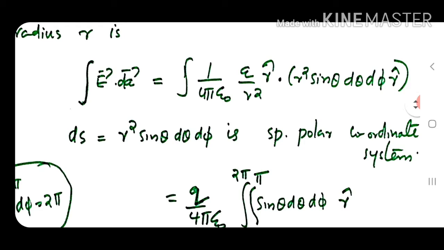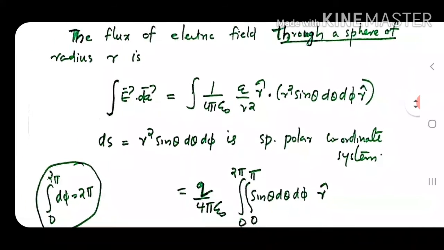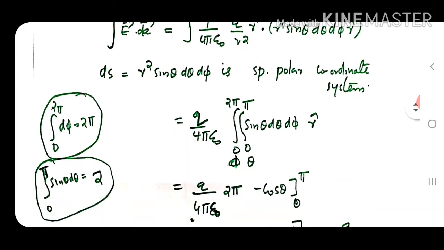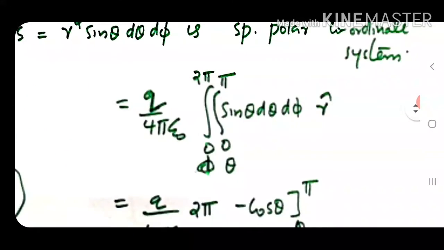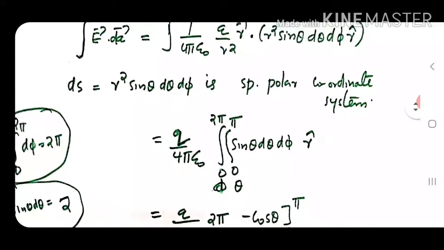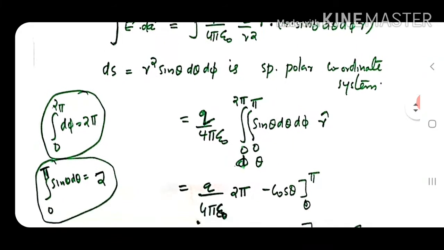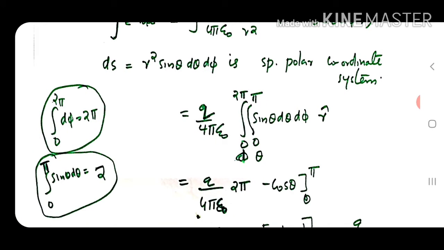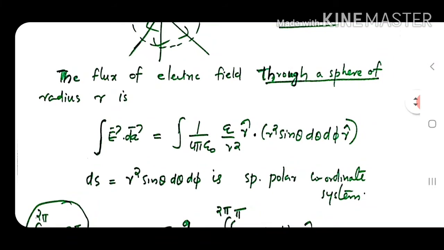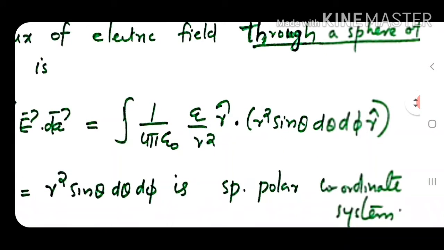So we substitute that and take q by 4 pi epsilon 0 outside the integral, and we have the integration with respect to phi. Phi changes from 0 to 2 pi, and theta changes from 0 to pi, and we have this r square cancelling out. That is very important to us.